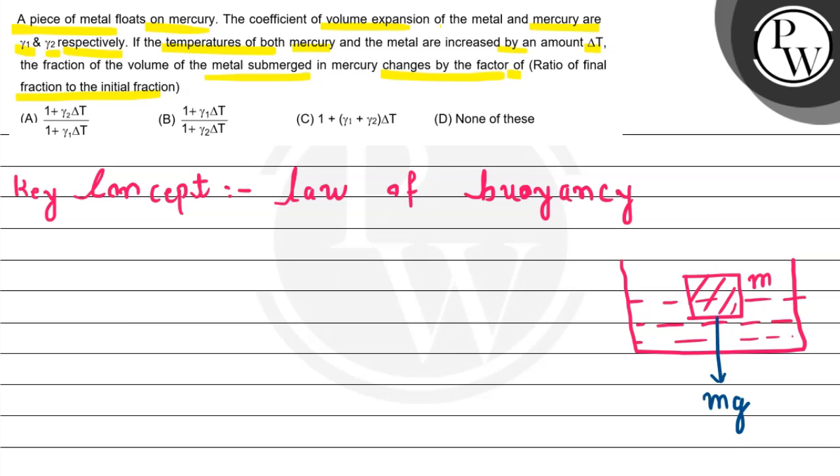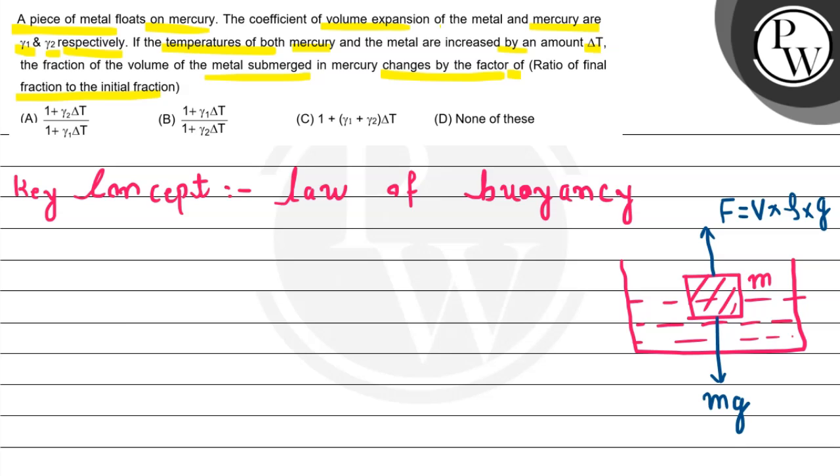Now to balance this, a force will be exerted in the upward direction by the fluid, which is given by F equals the volume displaced of the fluid into the density of the fluid multiplied by the acceleration due to gravity, that is g.